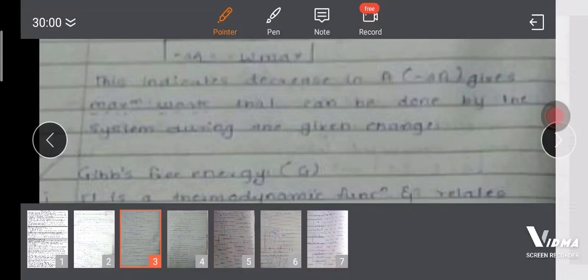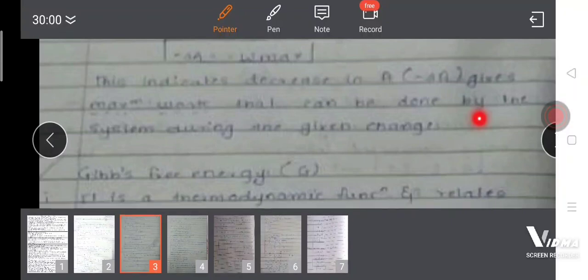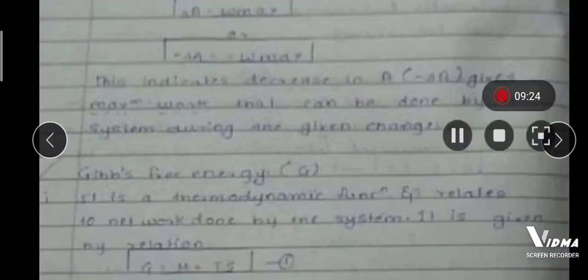Now we have to move towards the Gibbs free energy, denoted by the symbol G. It is a thermodynamic function and relates to the net work done by the system. It is given by the equation G is equal to H minus TS.